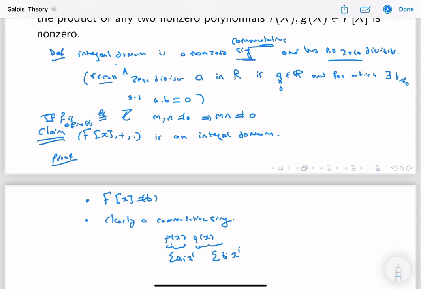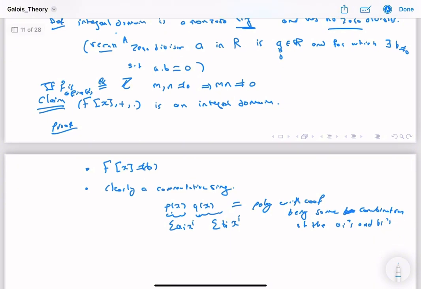If you multiply these out, you will get a polynomial with coefficients being some combination of the a_i's and b_i's.